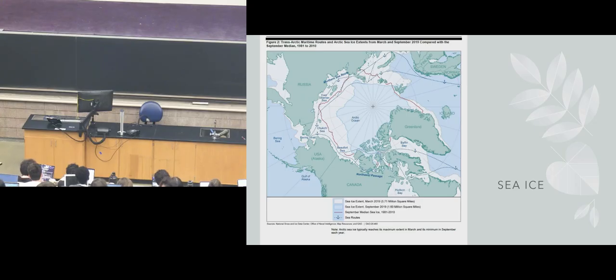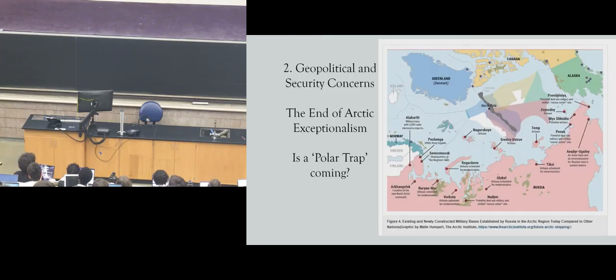But the average point to which it expands and contracts has gone from this little red line here to this green line around it. And so that is hundreds of miles of average sea ice that has contracted and will continue to contract. The glaciers are getting smaller, and more, especially in summers, open water is opening up.